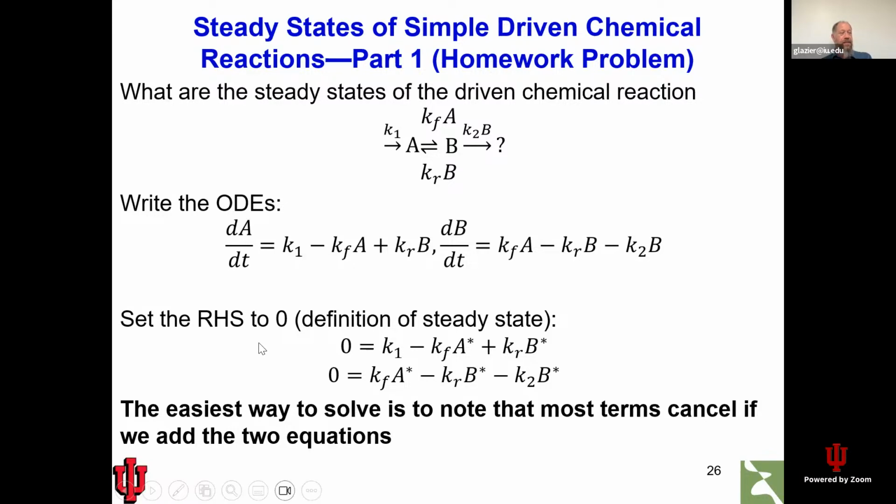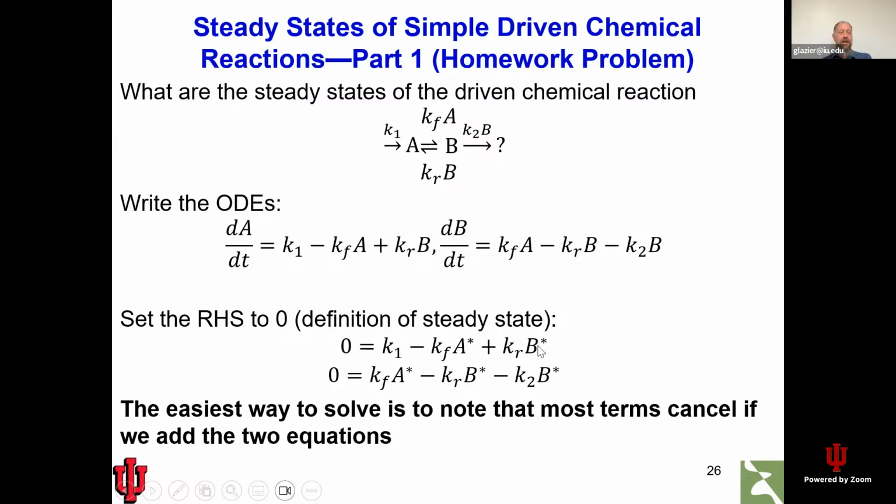And so now, is it clear how I go from the ODEs to this pair of equations here? Now, what's called the balance is, you'll see Kf A star here, and in the next line Kf A star. This is the destruction of A with that forward arrow. This is the creation of B from the same arrow.